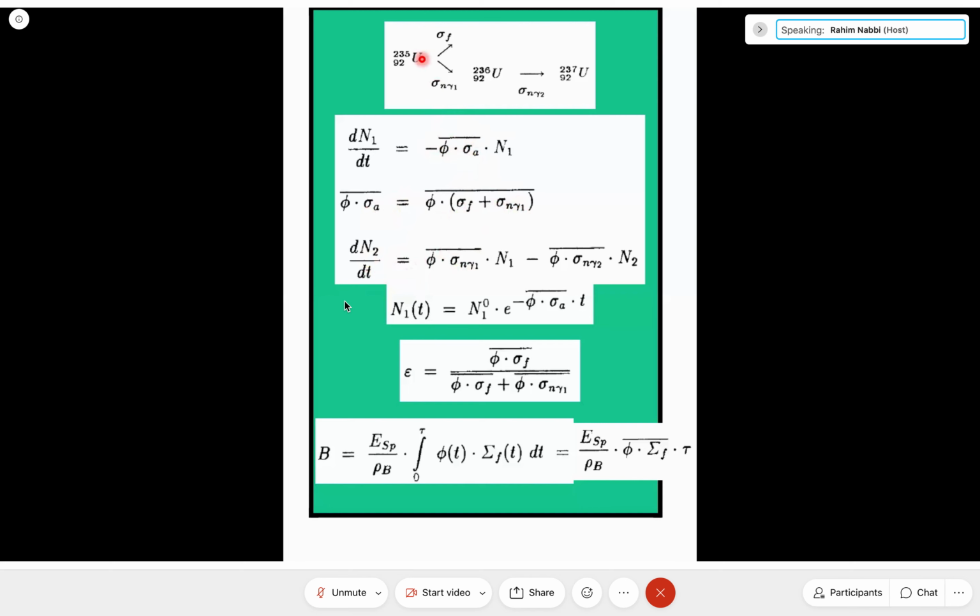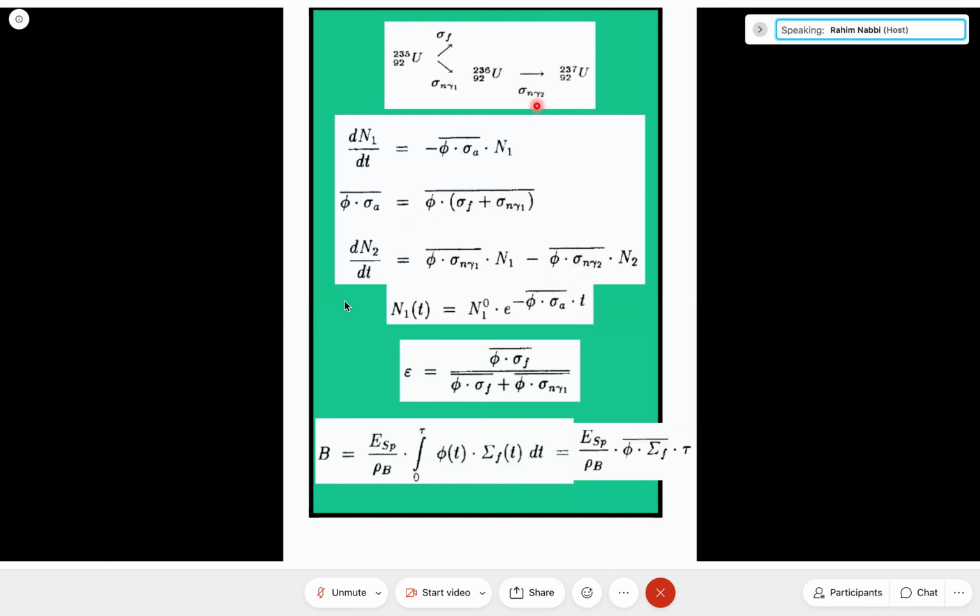That means we go this way, because uranium-236 is formed by this way, and it is lost only by this way. And you see here for uranium-236, the production term, that means from here, the non-fission part. That will be the production term, and that will be the loss term I said before. You see here, the cross-section is N gamma.